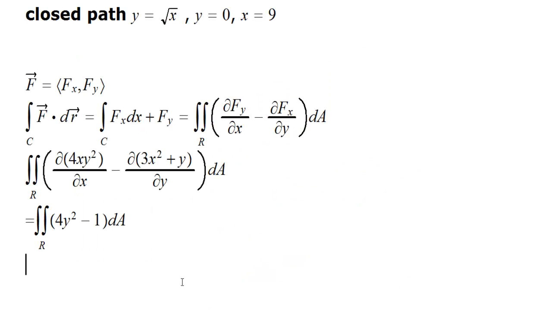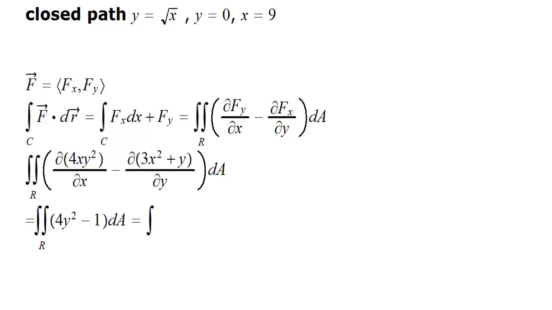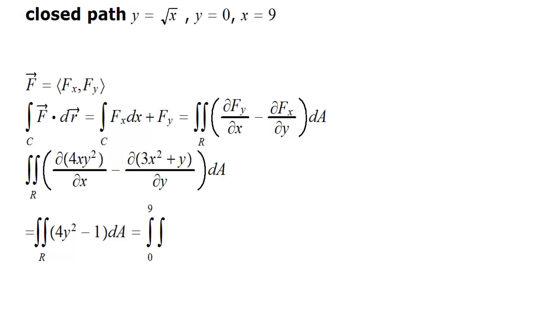So for this curve, first we look at the outer one, and that goes from 0 to 9 for x. And then we look at the inner integral, and that goes from 0 to simply square root of x right here.